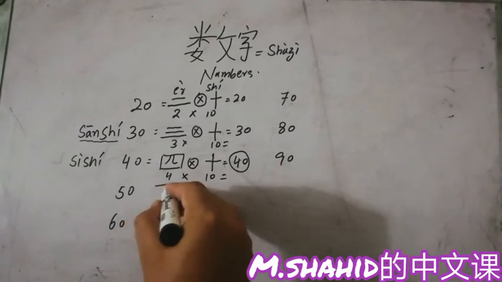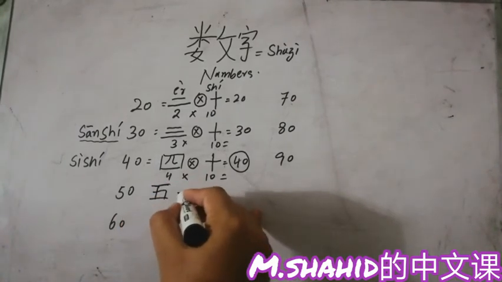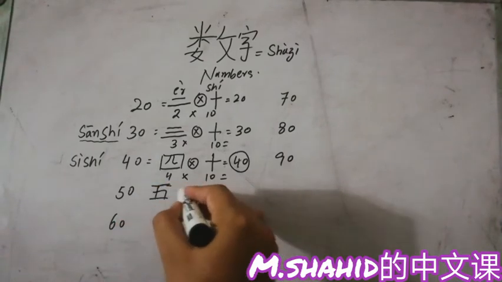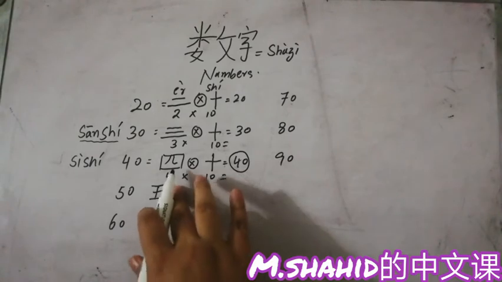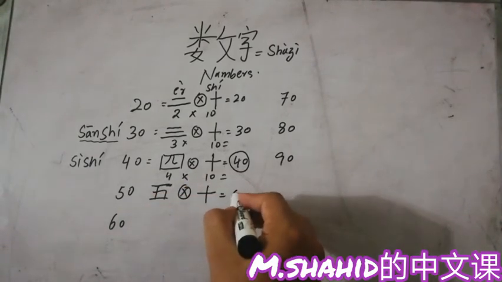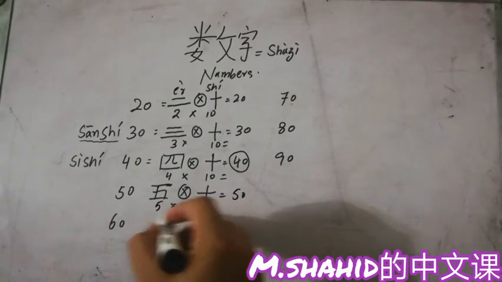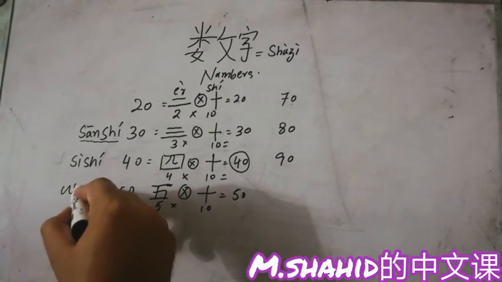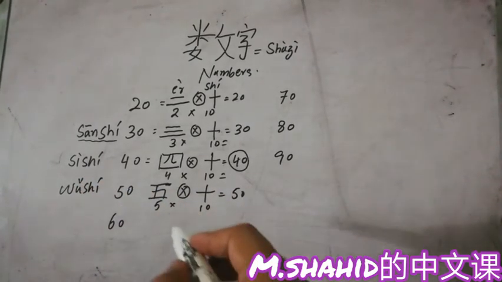Similarly, if you want to write the number 50, you just have to write 5, and then you have to write this, so it will be 5 multiplied by 10, and it will be 50.